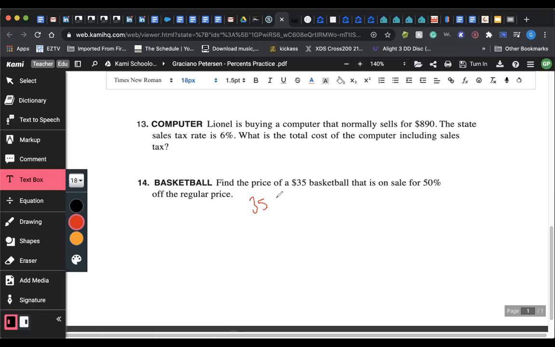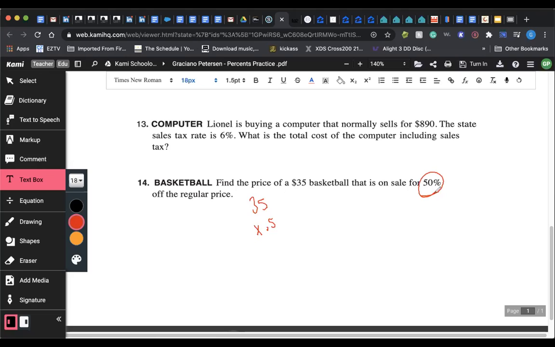We would just do the 35, right? And then multiply it by 0.5, right? Yes? Okay.